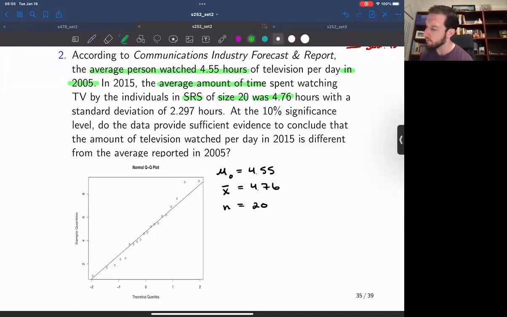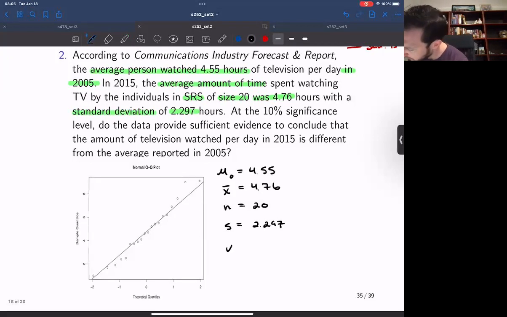And then we are told with a standard deviation of 2.297. So this is telling us that the standard deviation of that simple random sample is 2.297. So that means that we have S is equal to 2.297. All right, at the 10% significance level, do the data provide evidence of a difference? So this would mean that alpha is going to be 0.1.